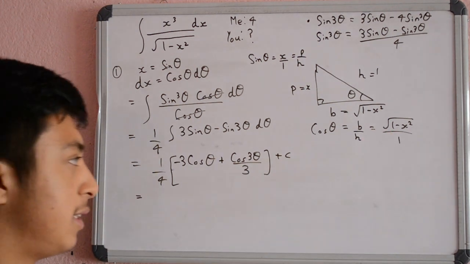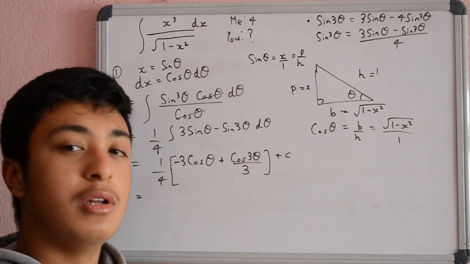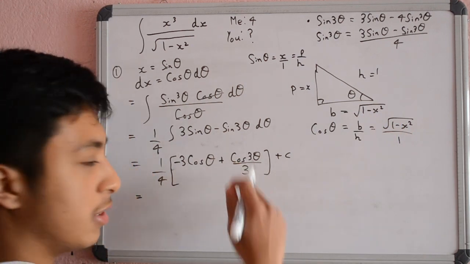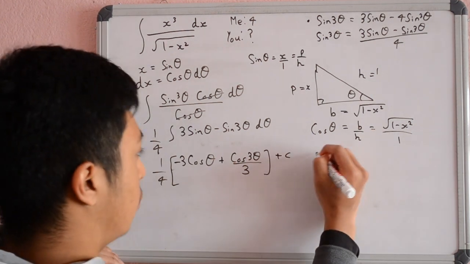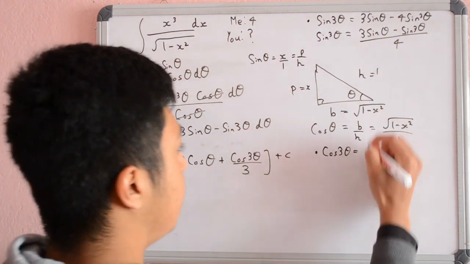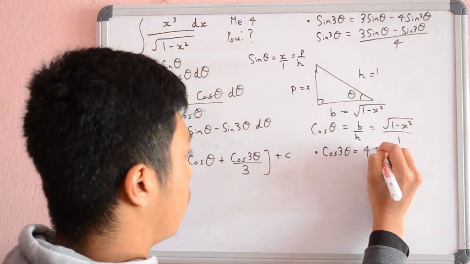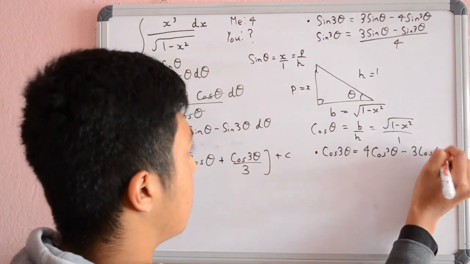And now what about cos 3 theta? Well, is it just root 1 minus x square into 3? No, because here we have to again use the multiple angle formula. So cos 3 theta is equal to, similar to that, 4 cos cube theta minus 3 cos theta.